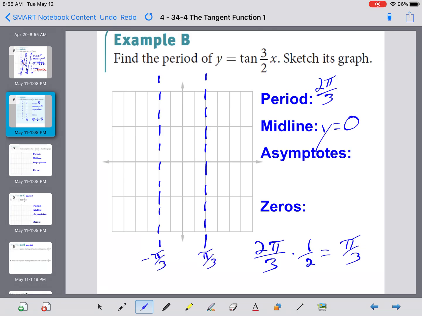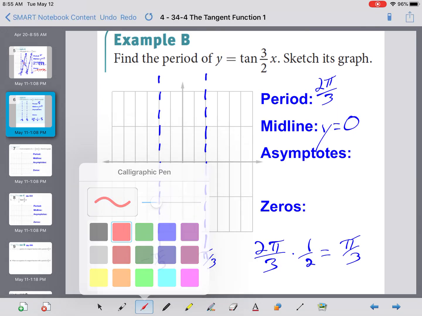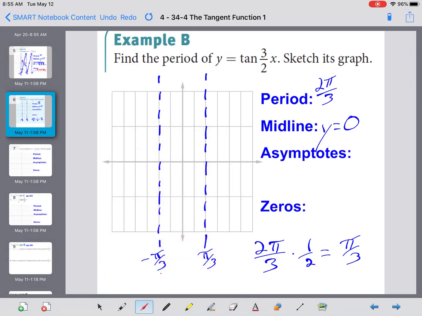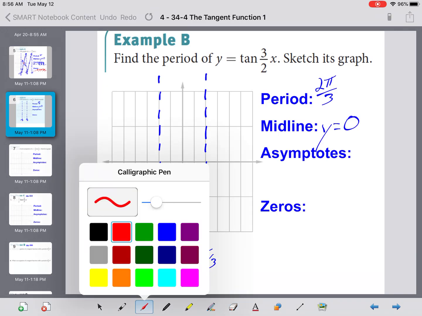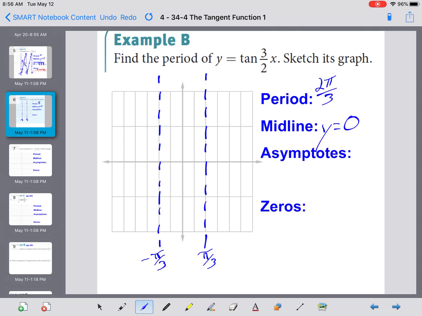To the left, this is negative pi over 3. The reason I didn't go a full 2 pi over 3 is because pi over 3 and pi over 3 gives me a distance of 2 pi over 3. That's one period. That's how far the asymptotes need to be away from each other. So you have to think a little bit there. Once you find the period, you have to think about where the asymptotes should be.